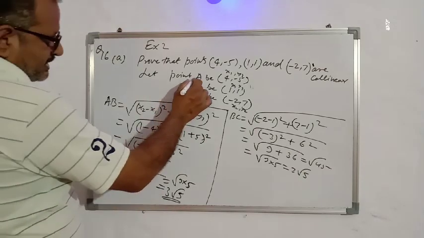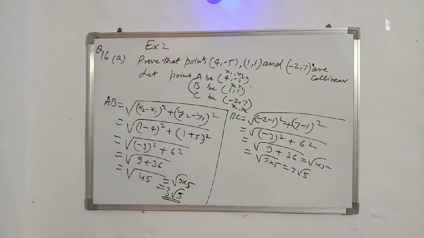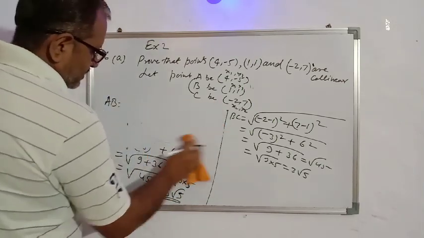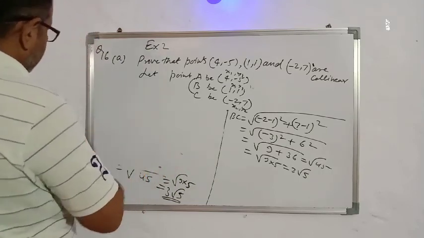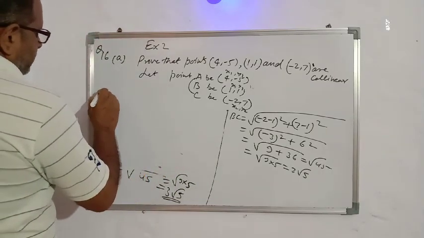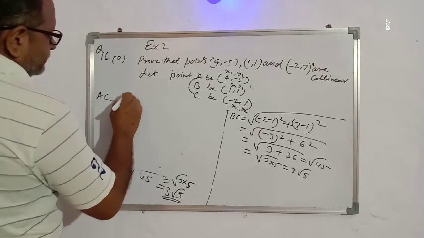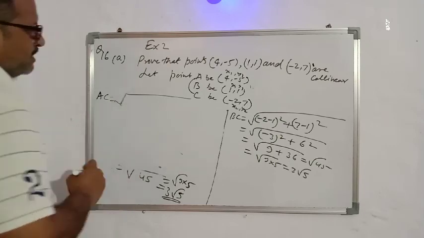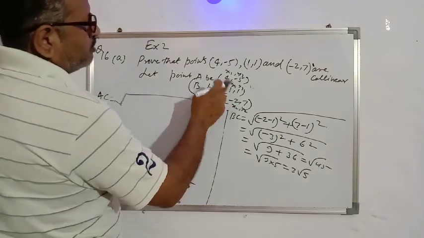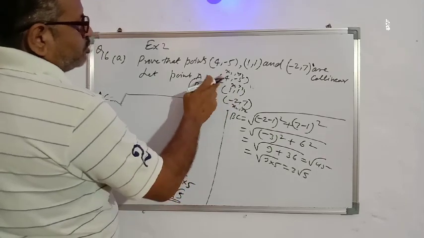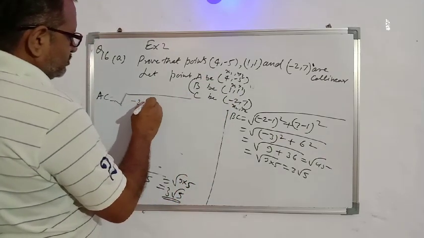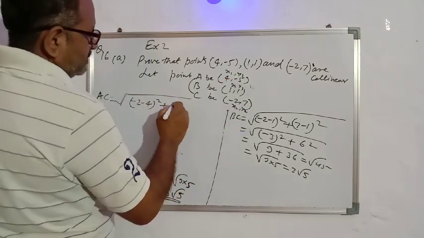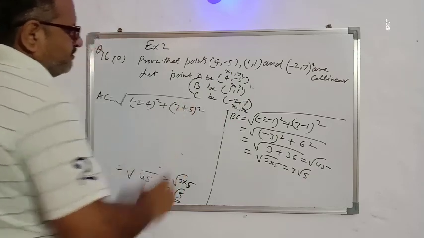Now we will find AC, this one. So how will we find AC? Again x2 minus x1. So (-2 minus 4) whole square plus (7 minus (-5)), so it will become 7 plus 5.